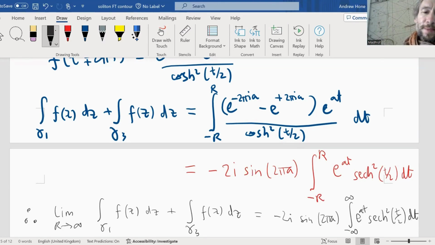So this limit, up to this factor of the sine in the front, is exactly the integral that we want to evaluate.